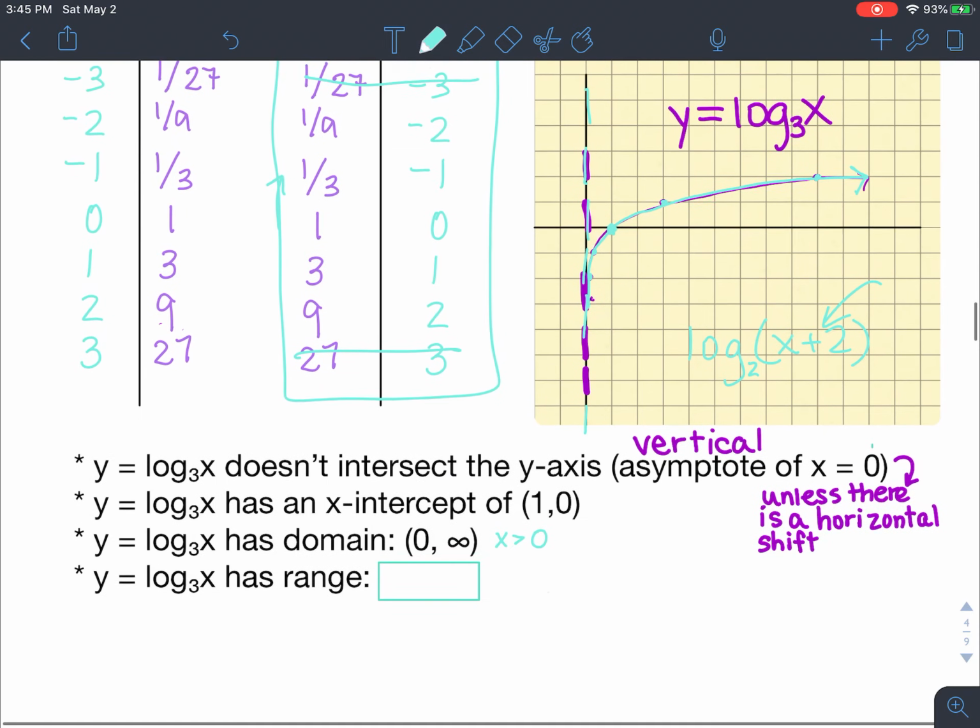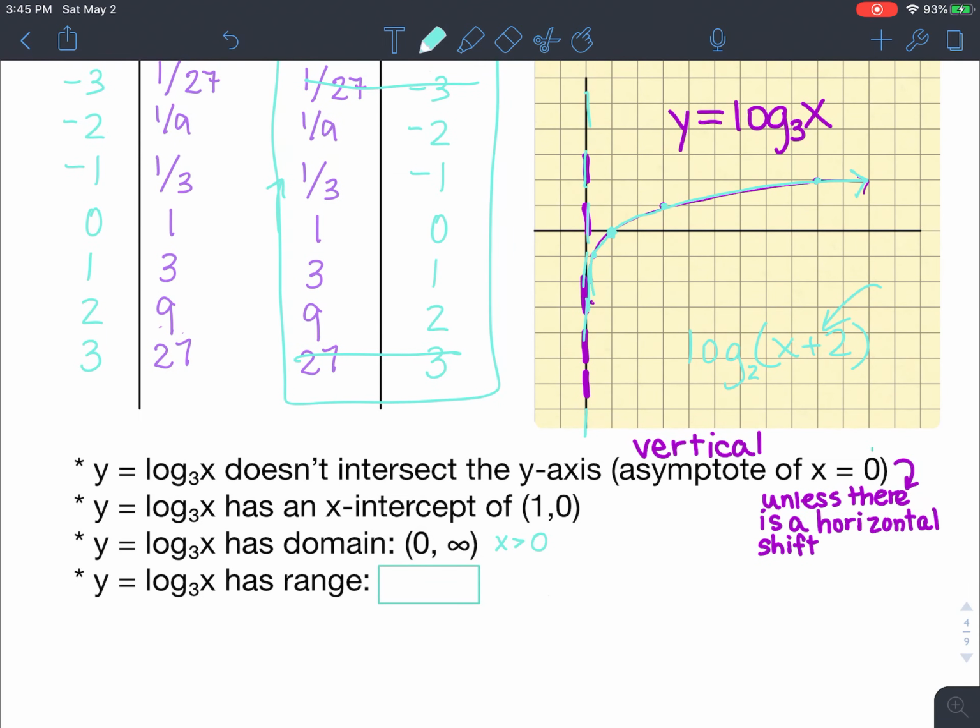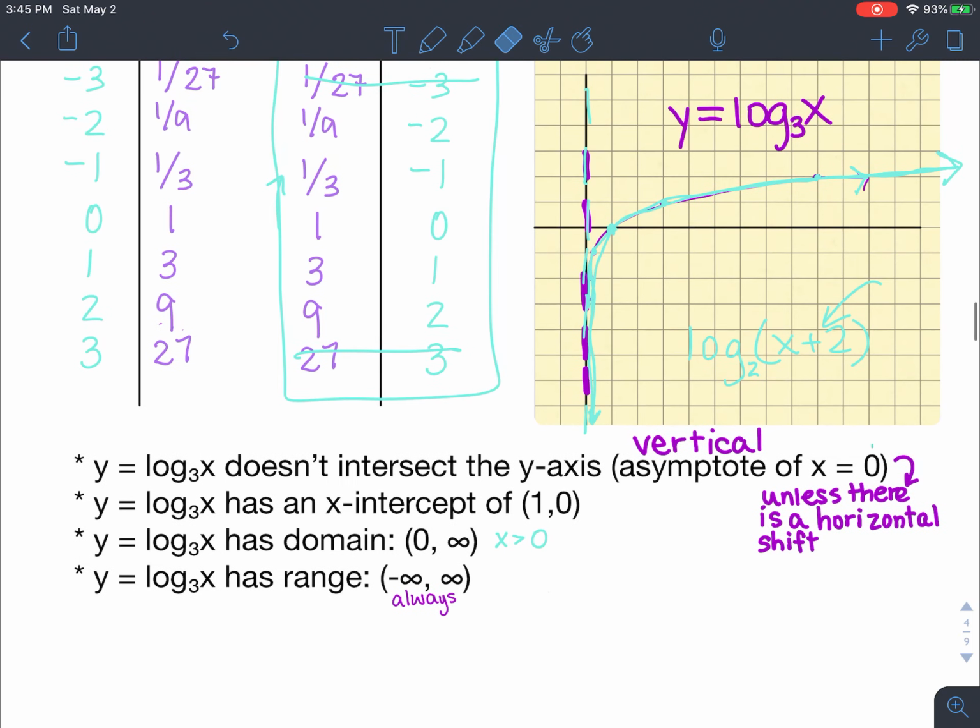And what is log's range? Well, it does go down forever. It just approaches the y-axis but never gets there. But it does go up forever. It's slow, but it does go up forever. So the range is all real numbers, and it's always all real numbers.